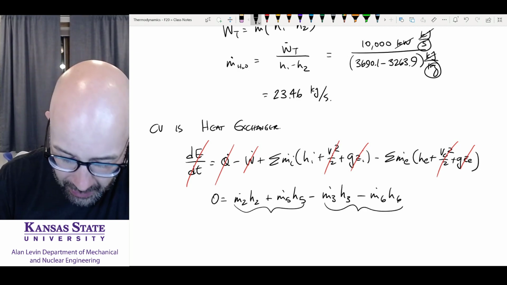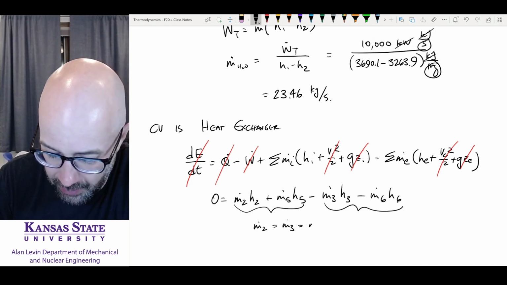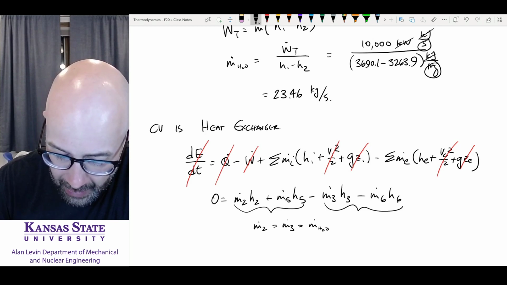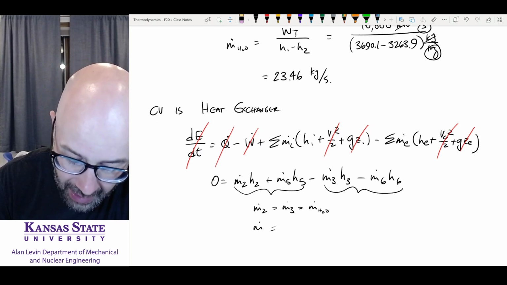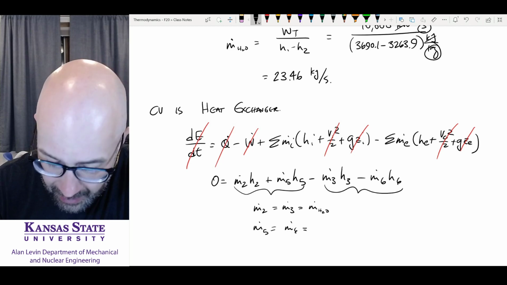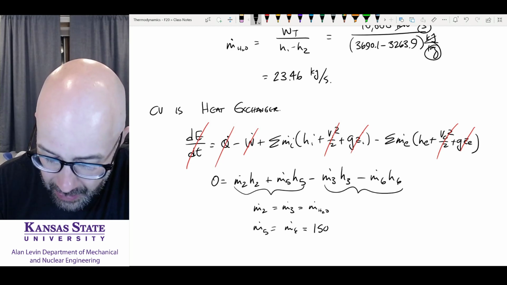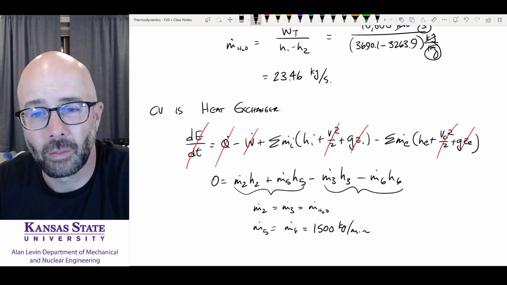And we know, just like we did before, that the mass rate of 2 is equal to the mass rate of 3, which is equal to the mass flow rate of our H2O. And we know that the mass rate of 4 is equal to the mass rate of 5 is equal to the mass rate of 6, which is given to us as 1,500 kilograms per minute in the problem statement.